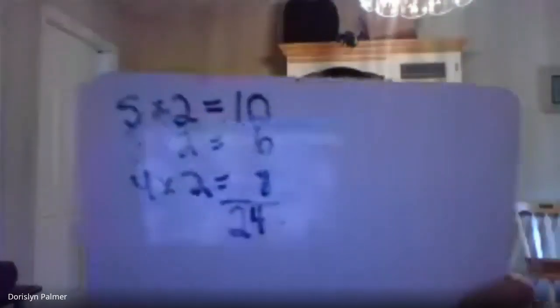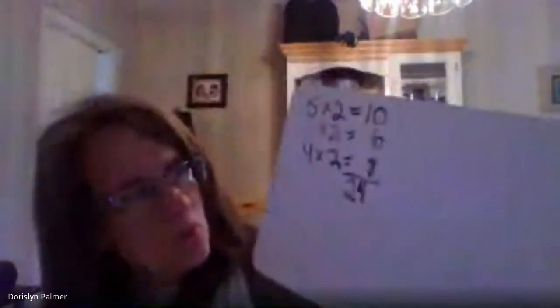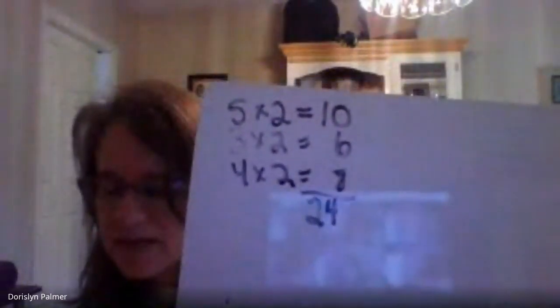Okay. So let's try to figure that out. Okay. So one rectangle is 10. One is 6 for the area, and the other one looks like it is 8. Add those all up, and we have 24.